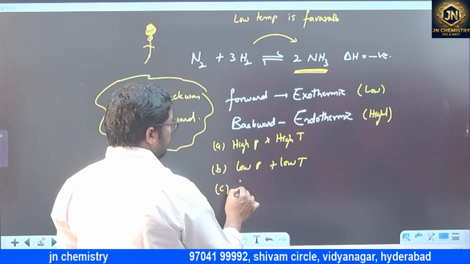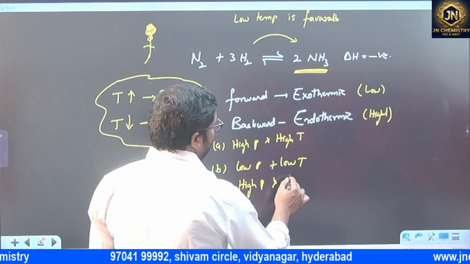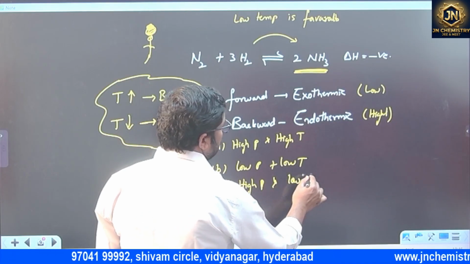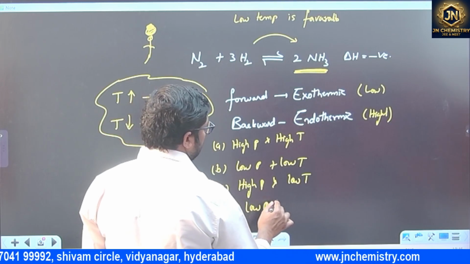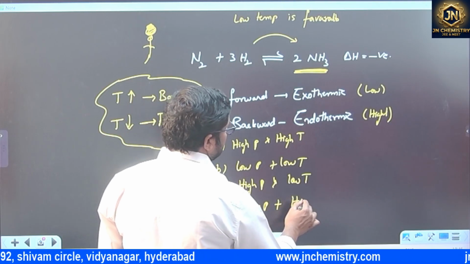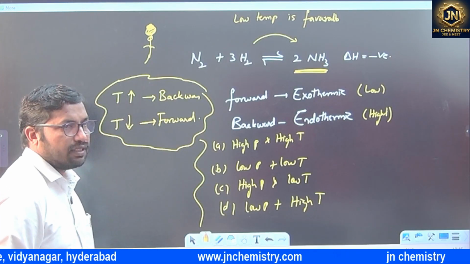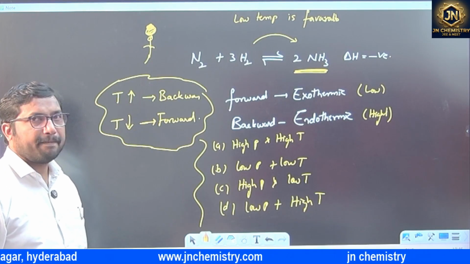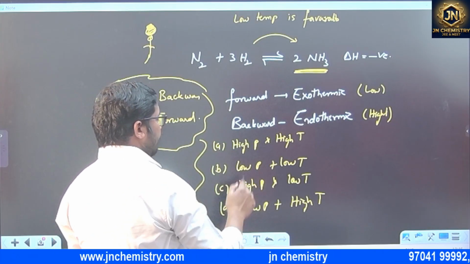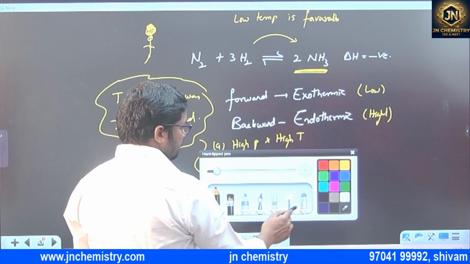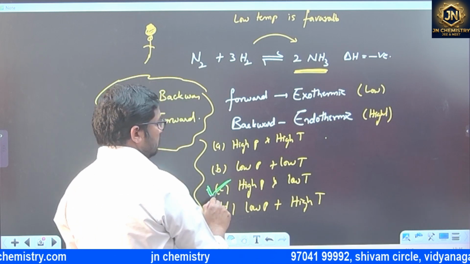Option C, high pressure, low temperature. Option D, low pressure, high temperature. What is the answer? More number of moles to fewer moles means high pressure, and low temperature. High pressure and low temperature.